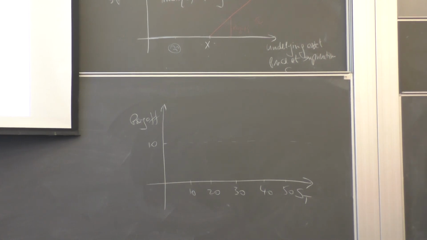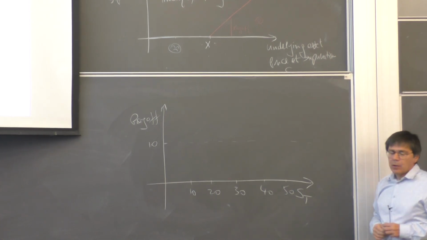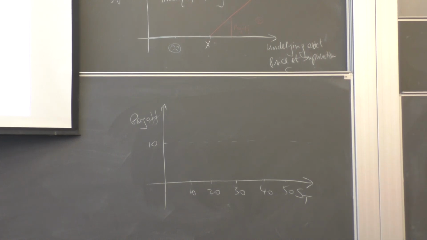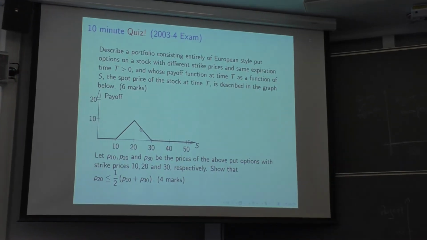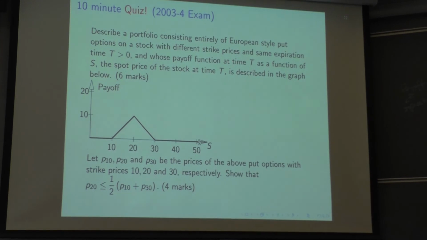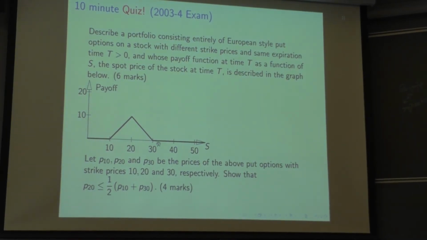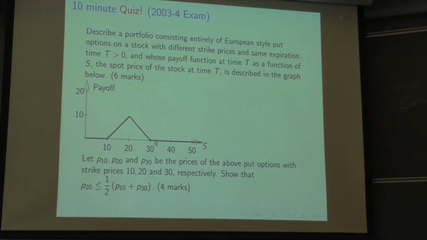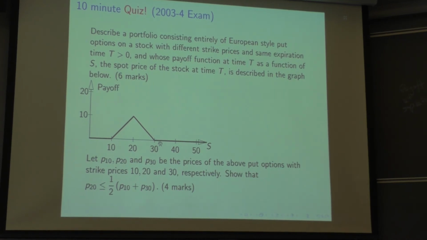Okay, let's start doing things together. Let's have a look at this graph and let's identify a bit of it which looks a bit like a put option. I claim if you concentrate on this bit of the graph, this looks like the payoff of a put option with strike price what? This is going to be quicker if you talk to me.